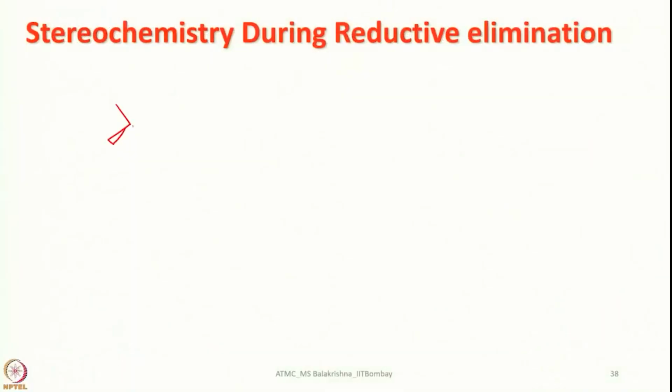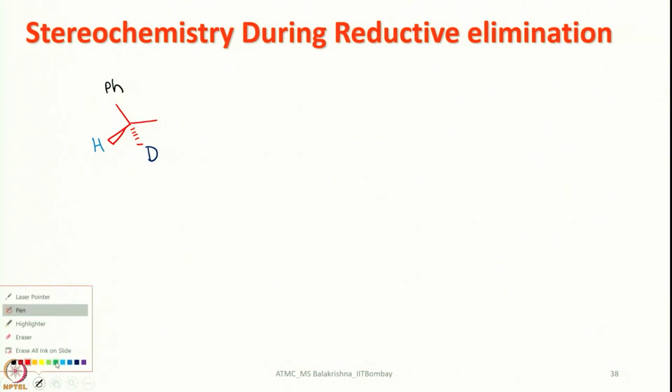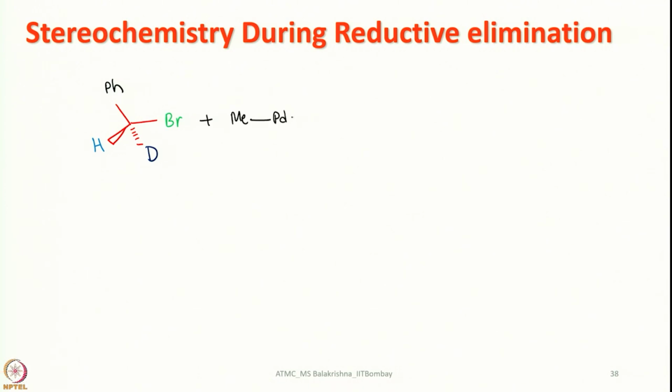Let us look into the stereochemistry of reductive elimination here. So, a chiral compound is chosen along with a metal having 2 methyl groups and 2 tertiary phosphines.